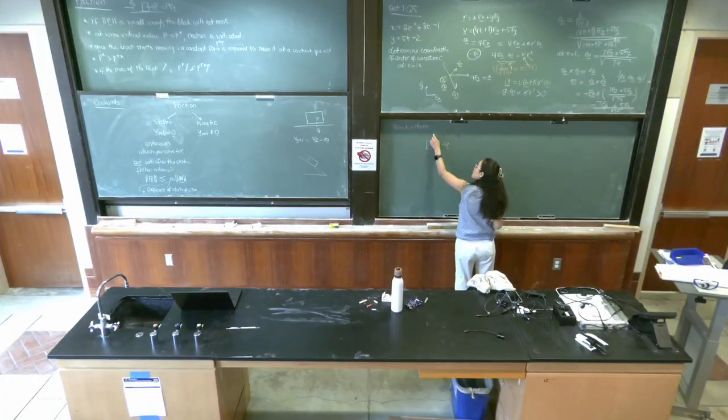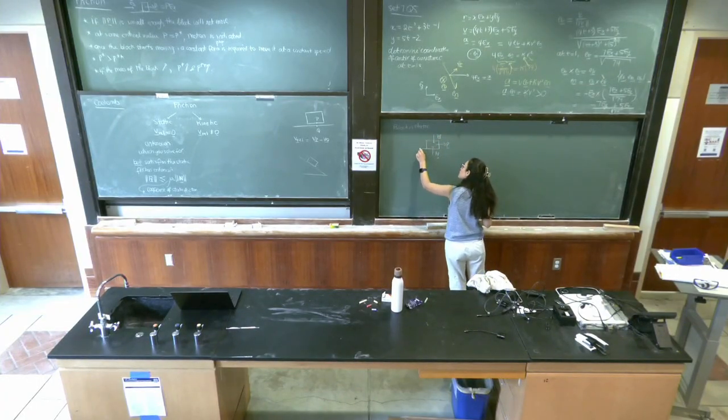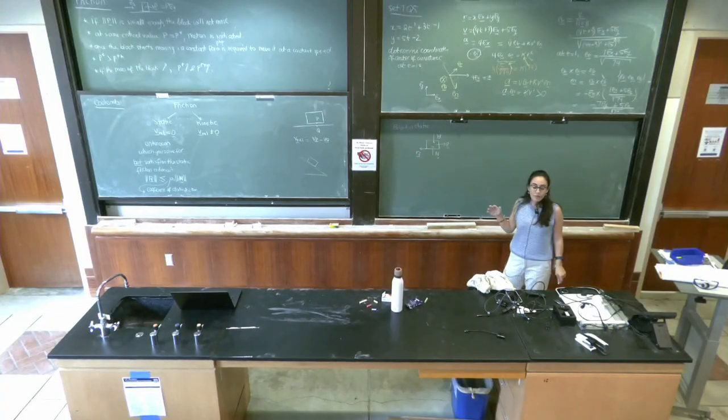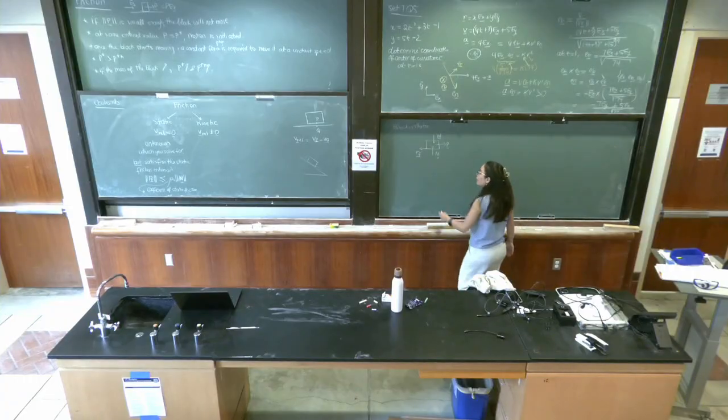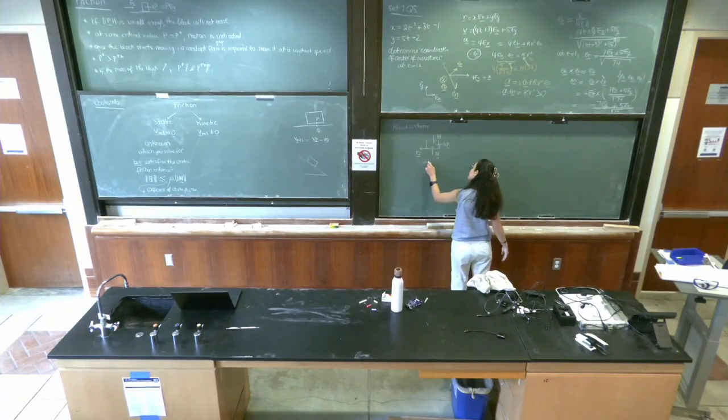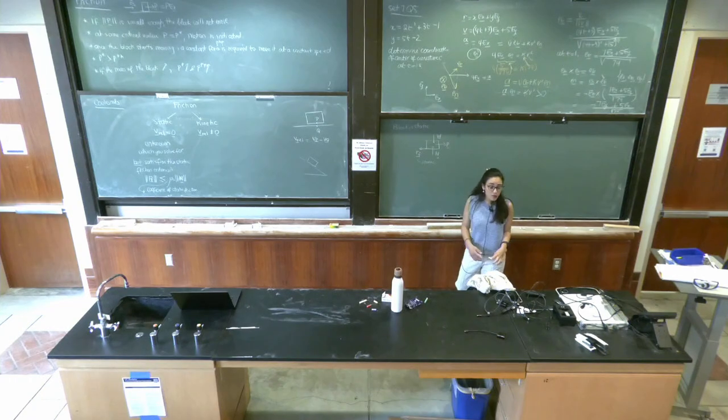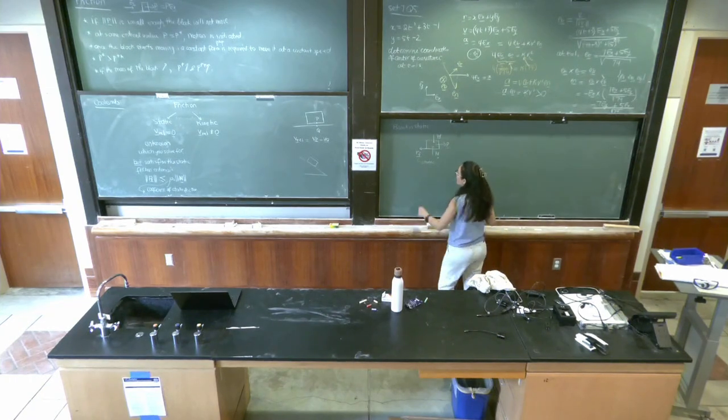Weight, normal, and the friction force. When the block is static, it's not moving, the friction force is going to be static. So its magnitude and its direction are both unknown. It's an unknown force. So all I know is that the weight is minus mg e_y.